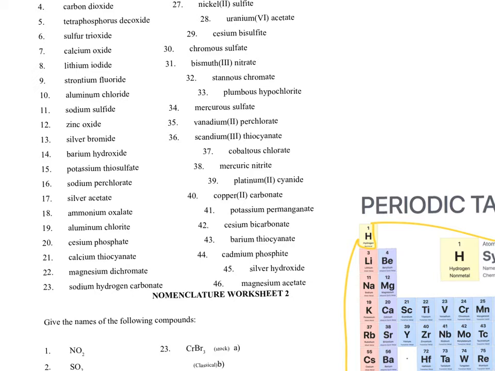So I'm looking in this area right here. These are all ionic compounds. Ion means charged, so that means you have two charged species. An ionic compound contains a metal, more broadly, a cation with an anion.